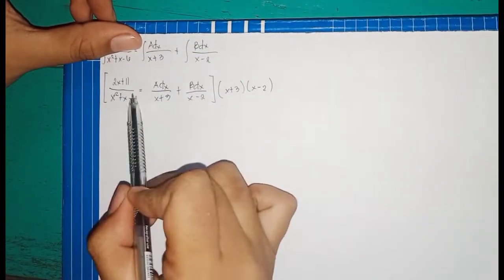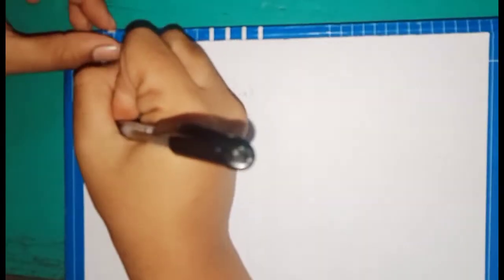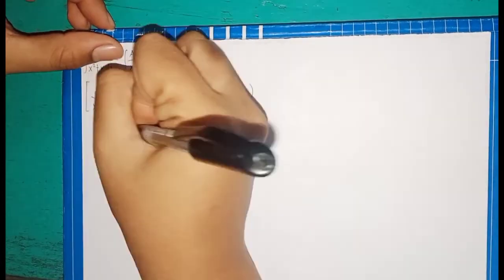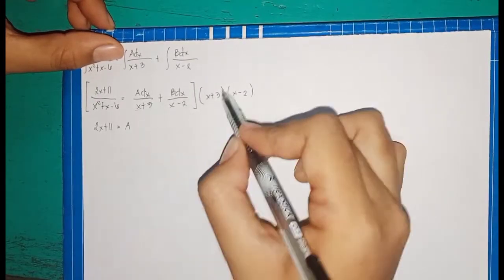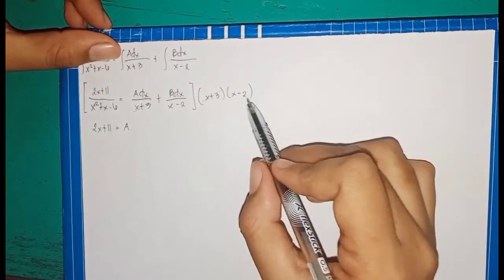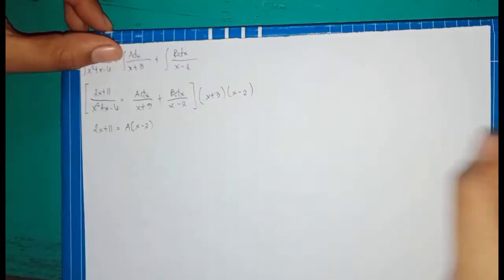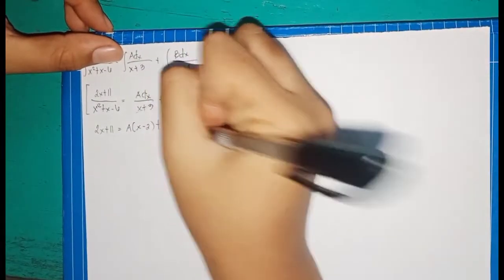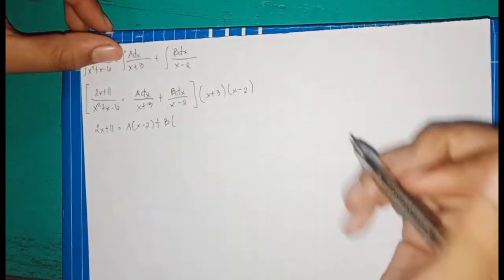So this will be cancelled. So what remains is 2x plus 11 is equal to A. So we will cancel this x plus 3 and this. So what remains is the quantity x minus 2, plus B. So this is cancelled again. So what remains is x plus 3.